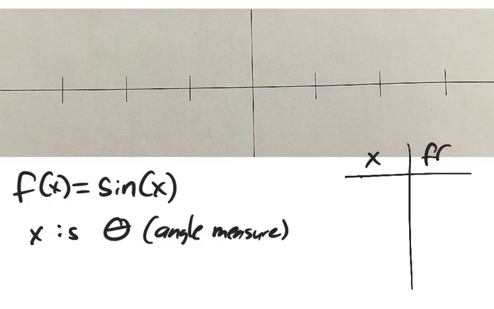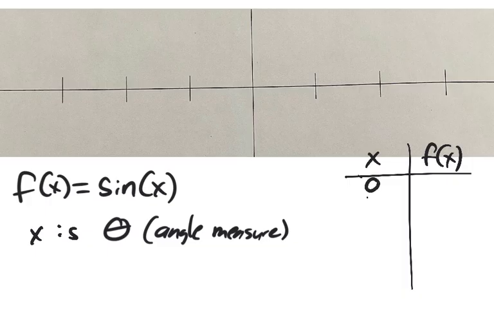So let's think about what are some x's, angle measures, that we would like to plug in to sine. Well, I would really like picking values that are on the unit circle because I can identify those values quickly. And we're going to be in radians. X is in radians.